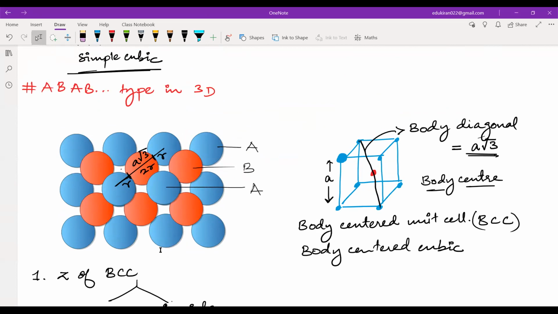Do you have any difficulty in understanding why this atom is shared in 8 rooms? No? For sure? Explain how 8 rooms.